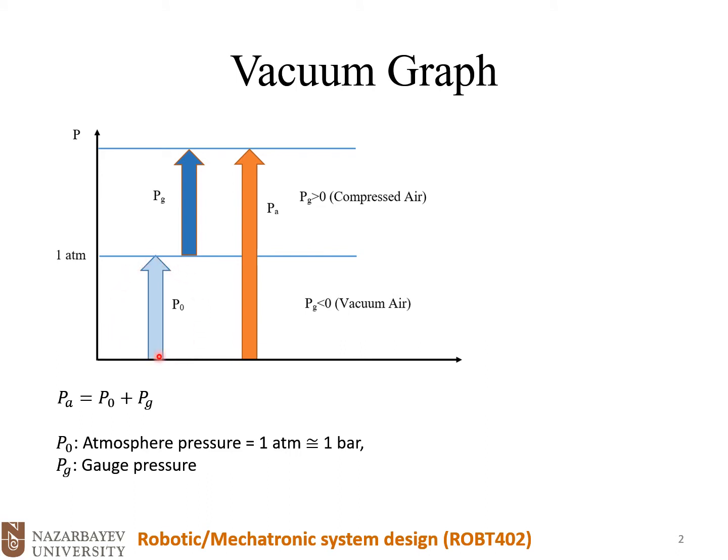We cannot achieve absolute pressure of 0. It's very tough to reach absolute pressure of 0. So when we say we have vacuum, it means that we have a pressure which is less than the pressure of atmosphere, or PG is negative.